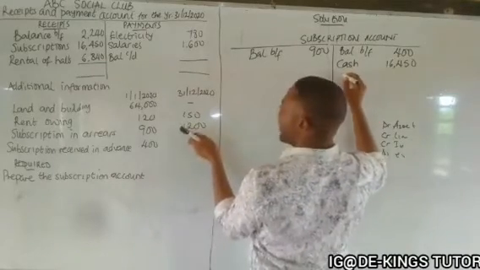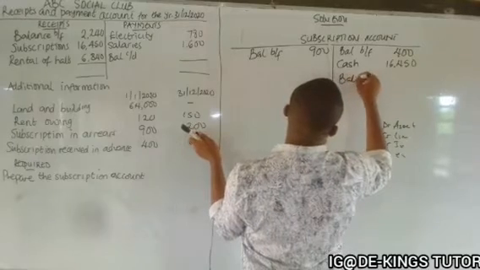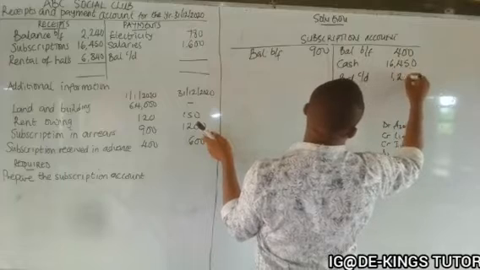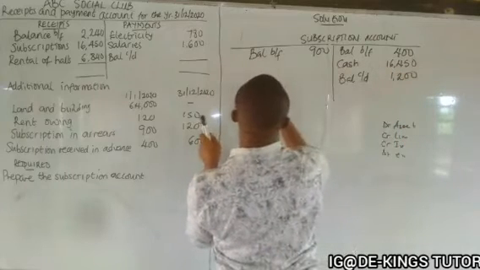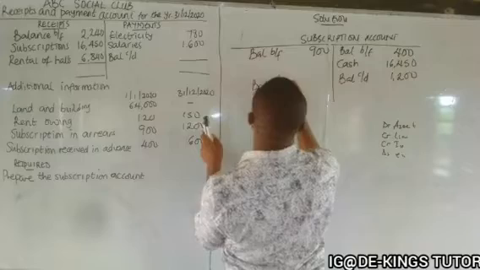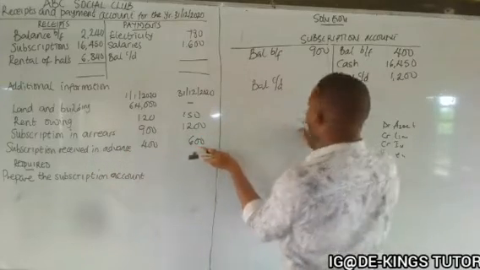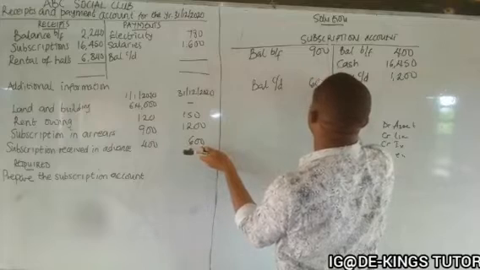So it will now be our balance carried down. So we have balance carried down, that's the recent balance, 1,200. And also we have balance carried down. This one I received in advance, we are lessing it 600.